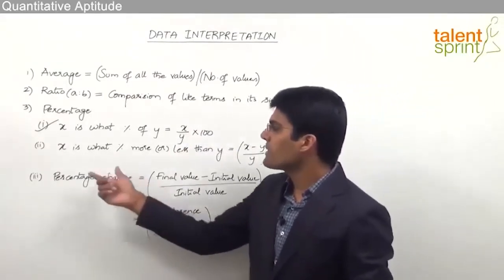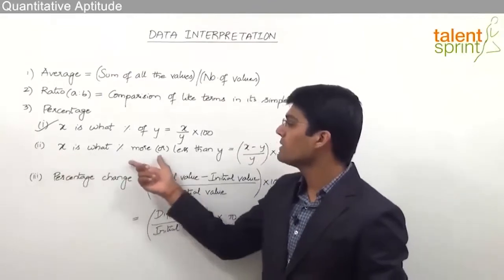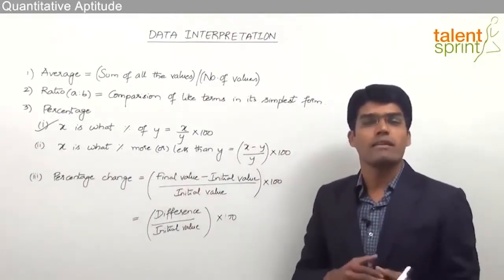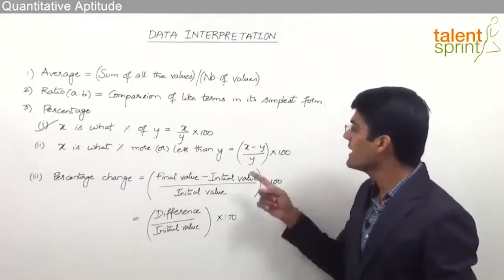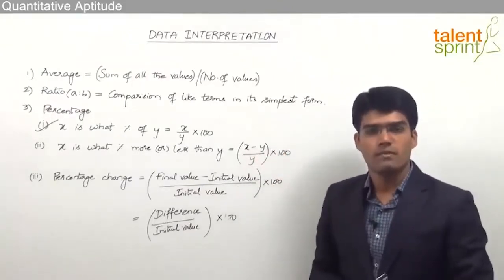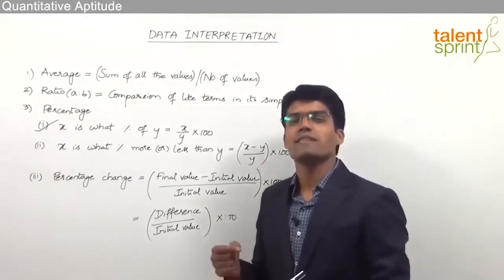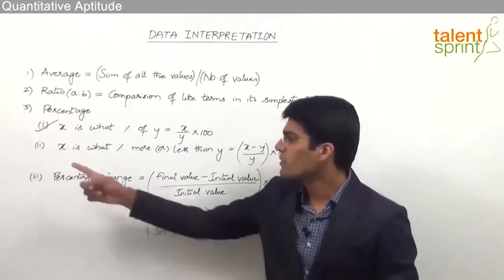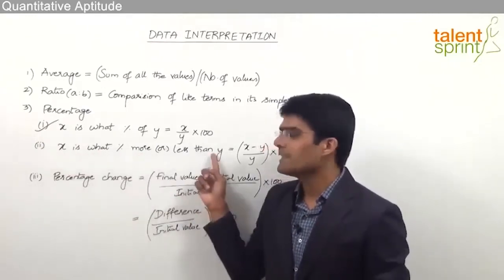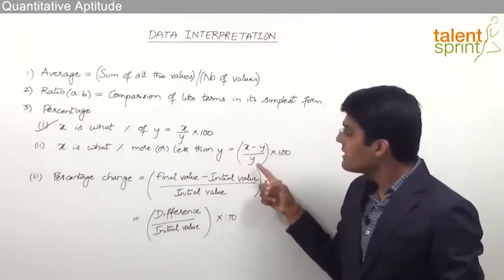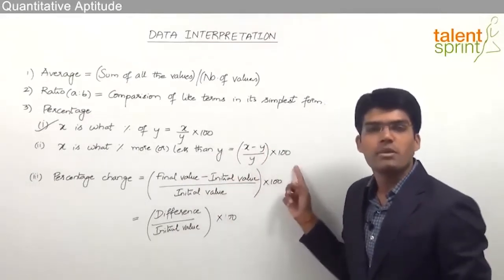The second question from percentages could be X is what percent more or less than Y. X is what percent more than Y or X is what percent less than Y. This can be taken as X minus Y by Y into 100. For example, the profit of 2010 is what percent more than the profit of 2008. So profit in 2010 minus profit in 2008 by profit in 2008 into 100.